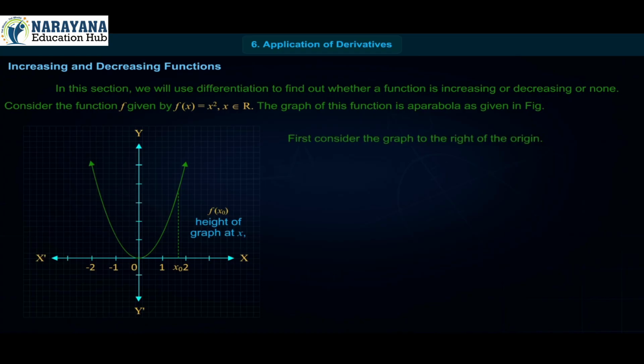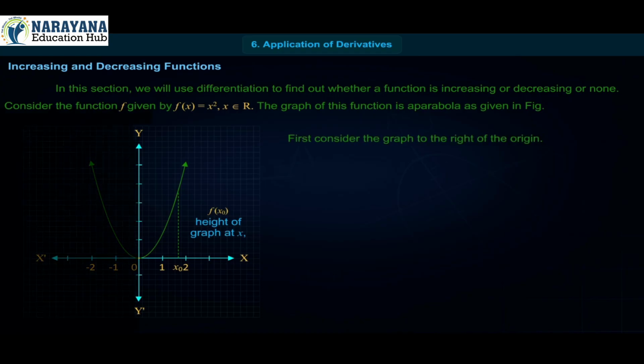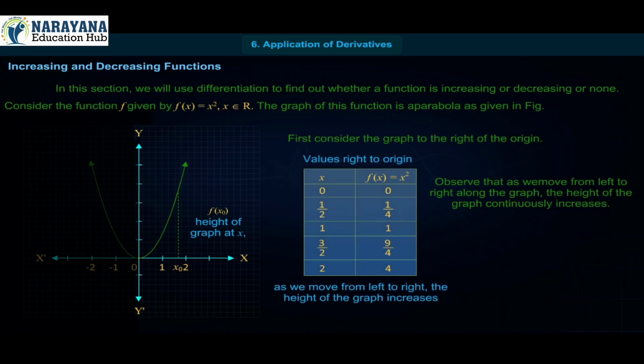First, consider the graph to the right of the origin. Observe that as we move from left to right along the graph, the height of the graph continuously increases. For this reason, the function is said to be increasing for the real numbers x greater than 0.